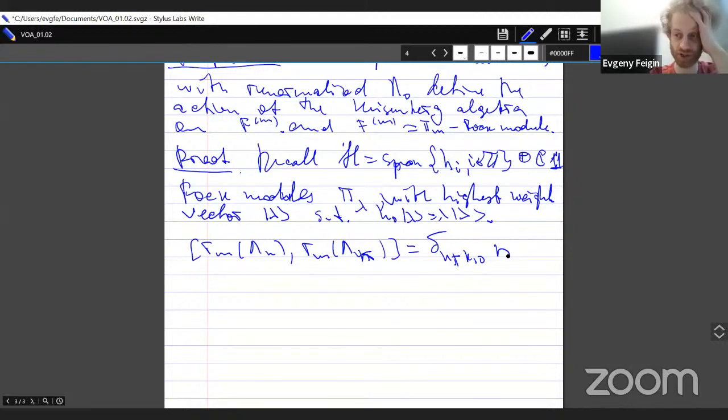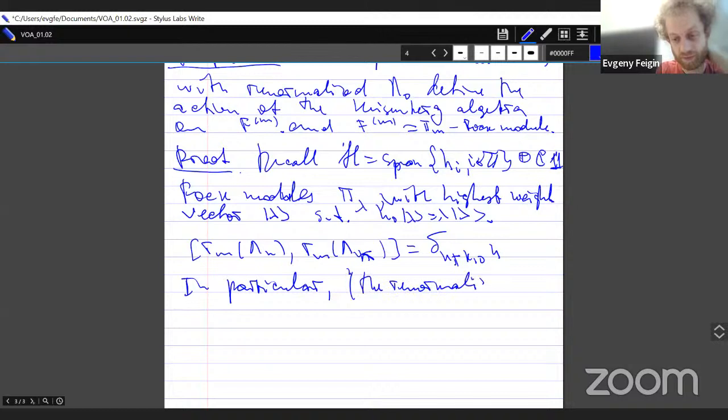The renormalization is now not that important because we are only changing λ_0. So let me say it in words. In particular, the renormalized R_m of λ_0 commutes with everything.